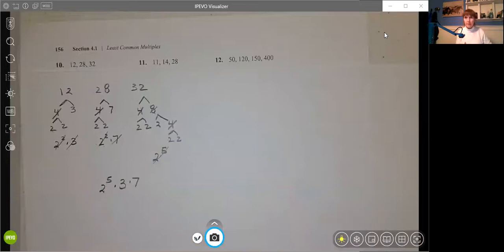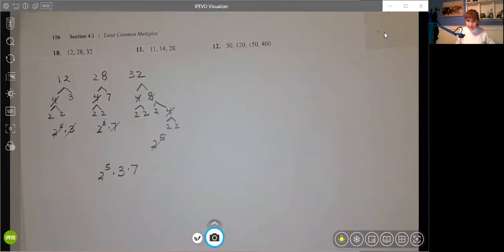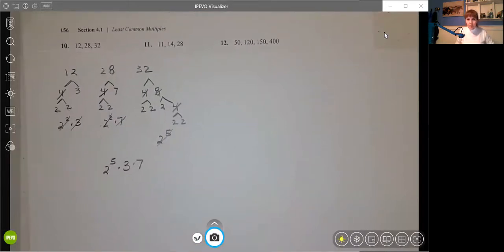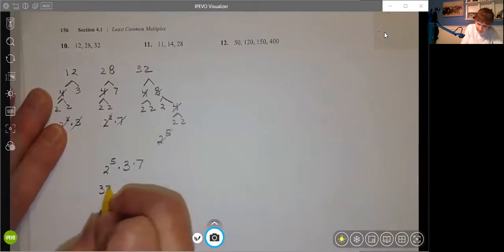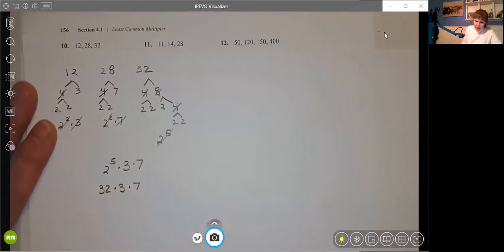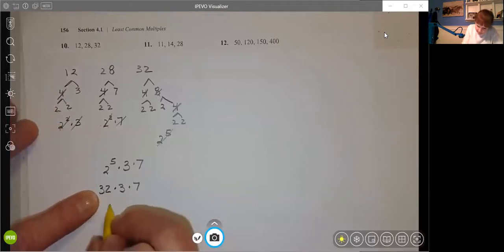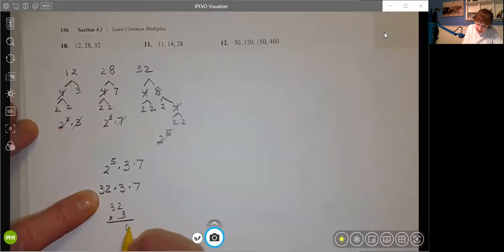So what is this number? It's going to be kind of large. We can do it though. I know that 2 to the 5th is not 10. Obviously, we know that. 2 times 2 times 2 times 2 times 2 is 32, times 3 times 7. Okay, so 32 times 3 is 96.